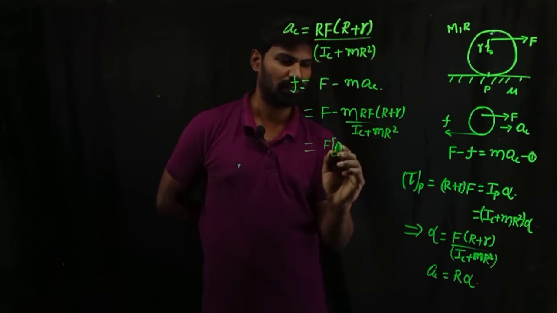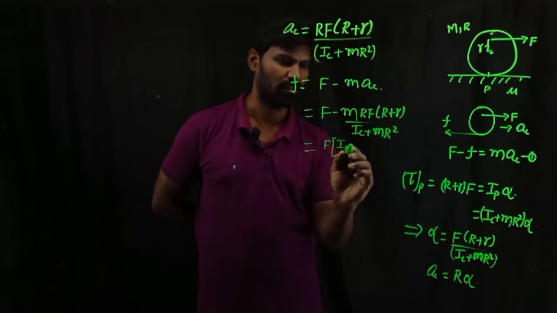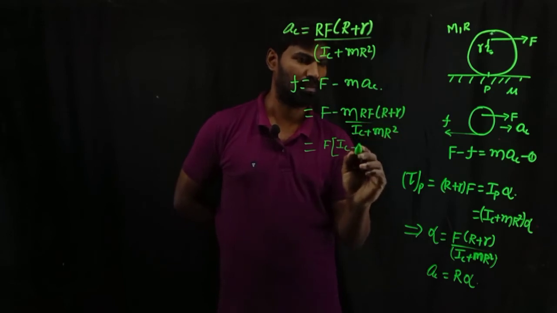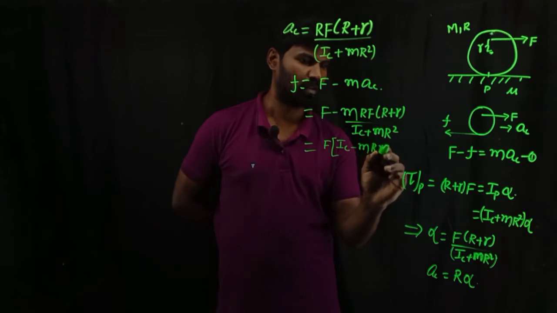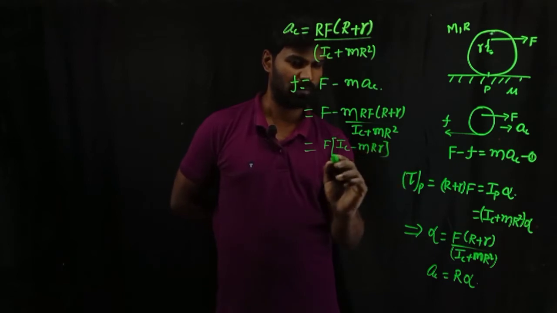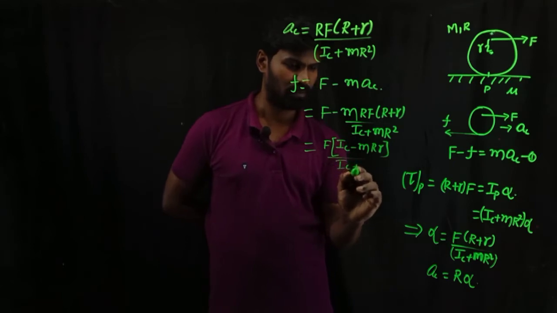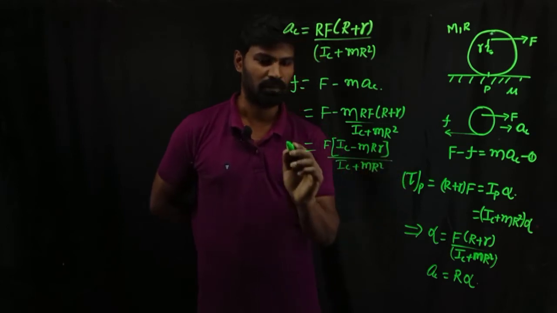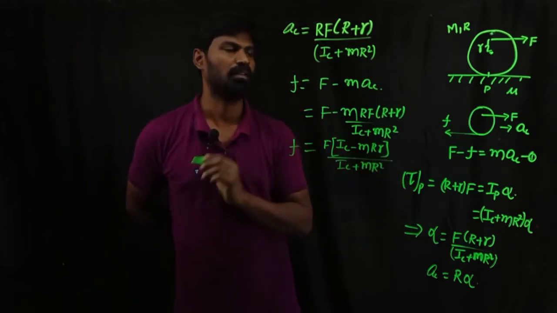So the only thing that is retained over here is IC minus the second term, small m into capital R into small r, divided by IC plus m into r square. This is the expression for the frictional force acting on the body.